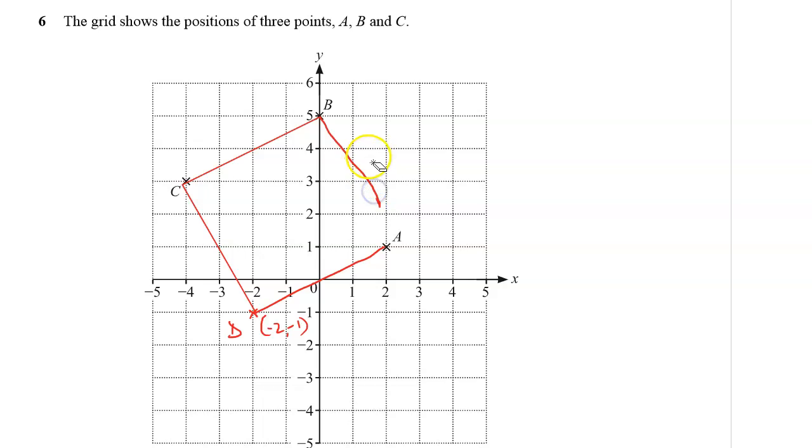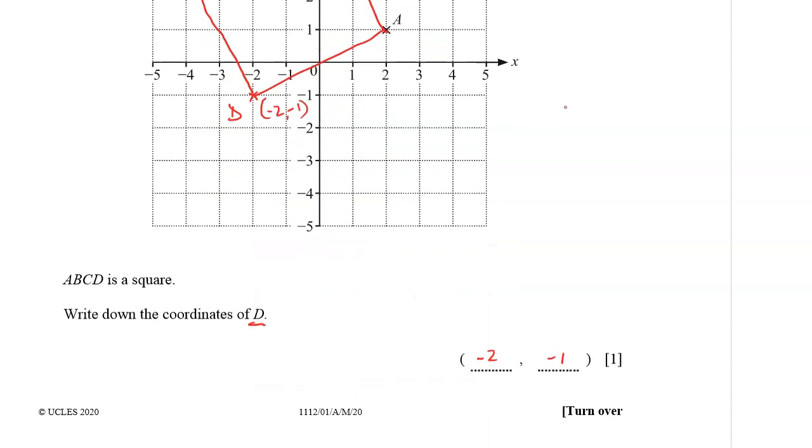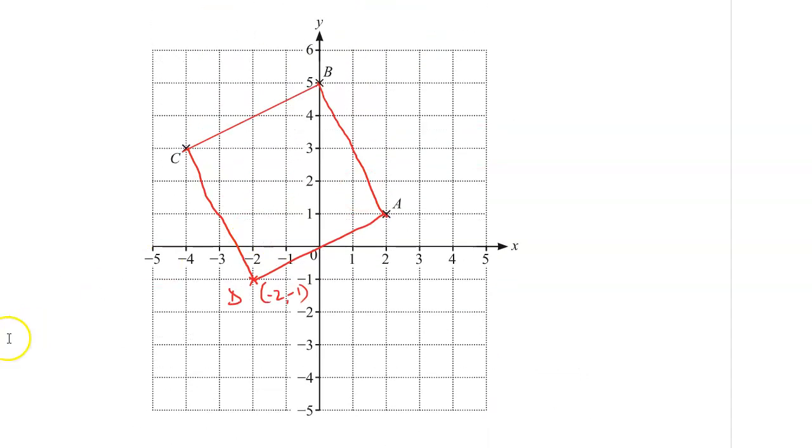You're supposed to use your ruler to do the joining. Let me just do freehand. I'm not getting it right. Right there. So this one doesn't look good. That now looks like a square. So the coordinates of point D are -2, -1, right there.